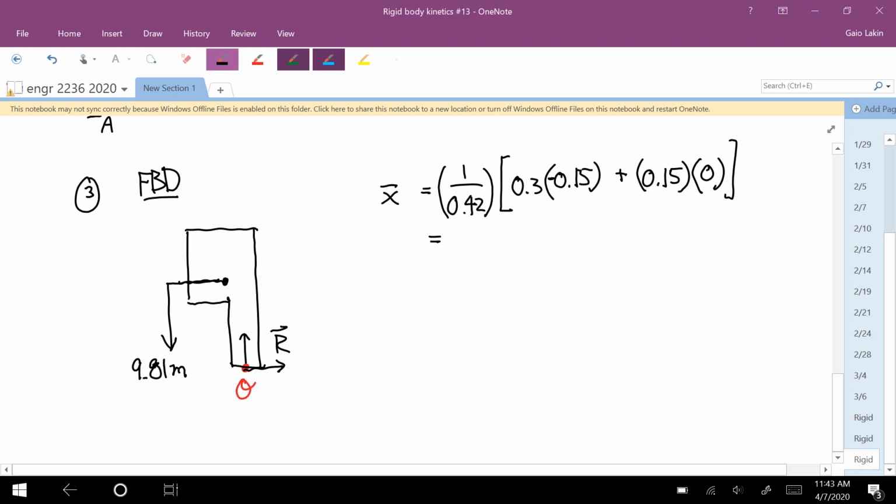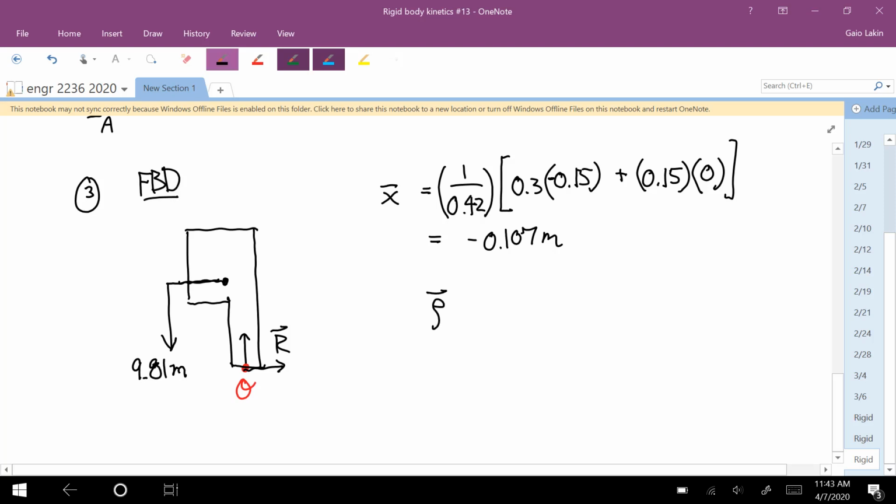And so we come out with an x coordinate of the centroid of negative 0.107 meters. Okay, we can just treat the y coordinate as if it's 0, because you can move the weight force anywhere along its line of action and it doesn't change the problem. But we could have just calculated the x and y centroid coordinates too.